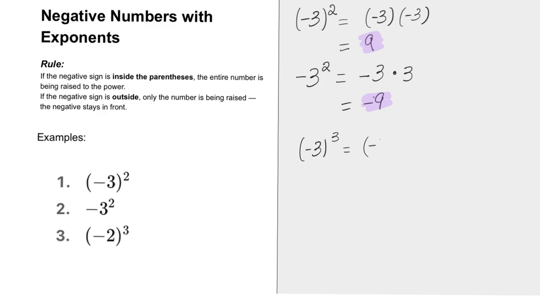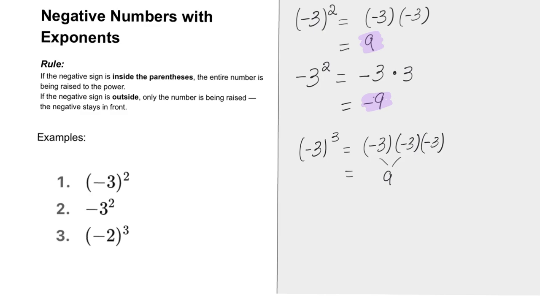That means, again, the base is -3 times -3 times -3. And what would that be? Now think about it. Will we end up with a negative number or a positive number? If you said negative number, you're absolutely correct, because -3 times -3 equals 9.